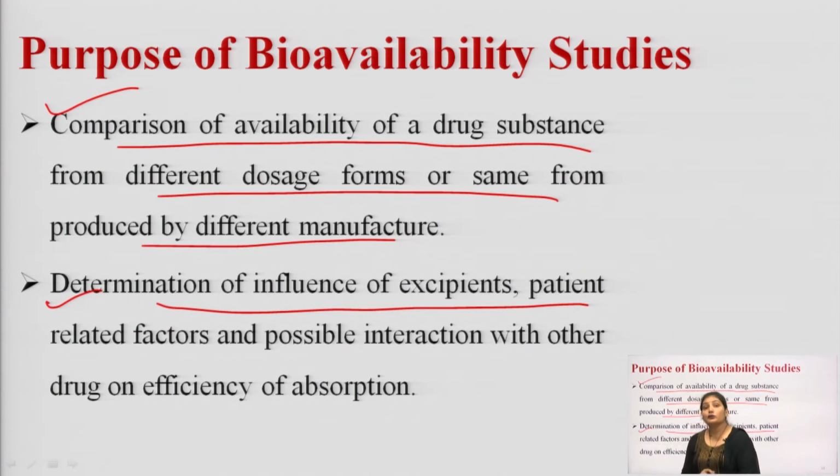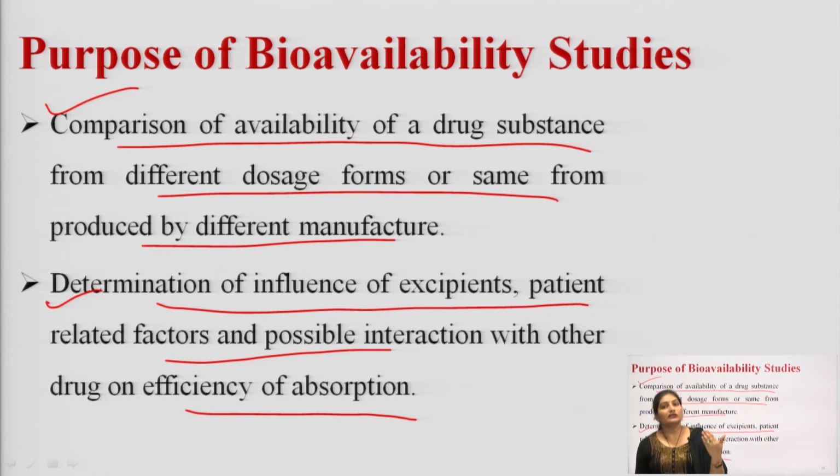Okay. If we want to analyze the impact of patient related factors or the impact of certain drug interactions, that can be displacement interaction or allosteric interaction, if we want to study the effect of these types of interaction on the efficiency of absorption, then there is a need of bioavailability studies. Okay. So, these 5 are the objectives behind the conduction of bioavailability studies.